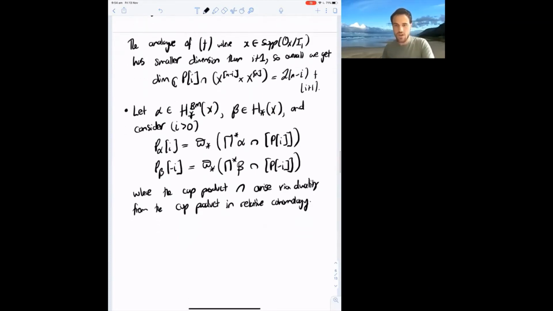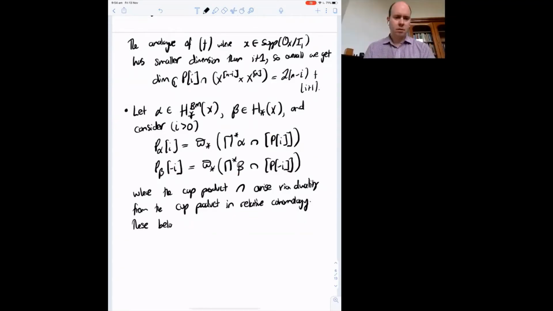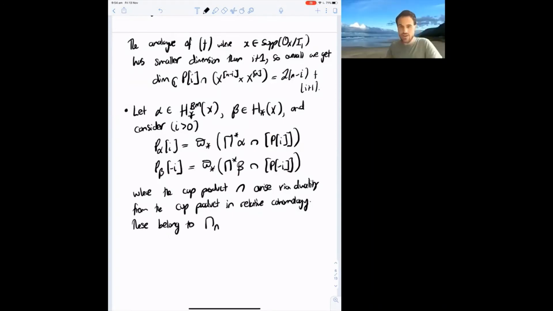Okay, so where do these things lie? After you do all of these operations, these end up belonging to the following product over n. So you have n minus plus i, right? So if i is positive, you're actually subtracting.